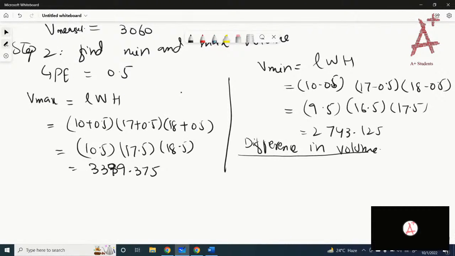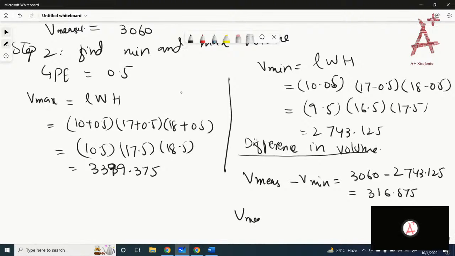The measured value 3060 minus the minimum value 2743.125 is 316.875.